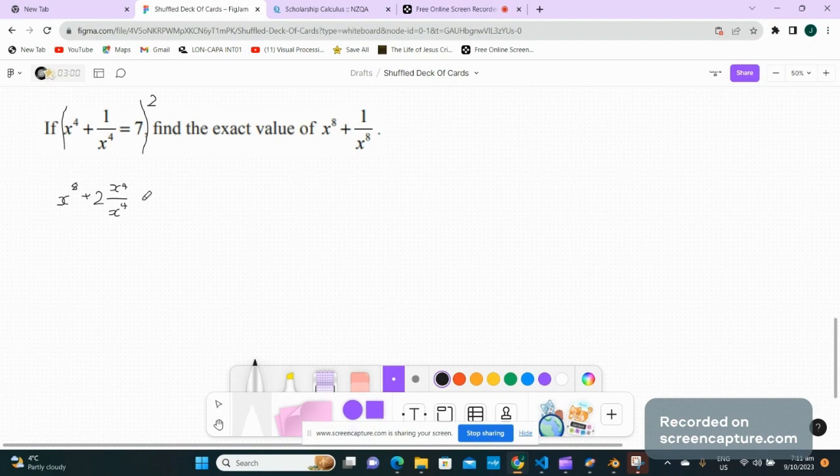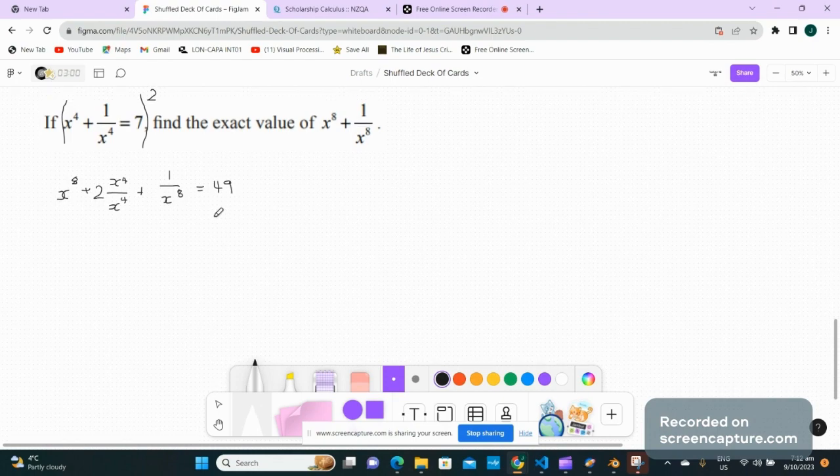And then you're going to get plus 1 over x to the 8. And then the other side, you're just going to simply square 7, which is 49.